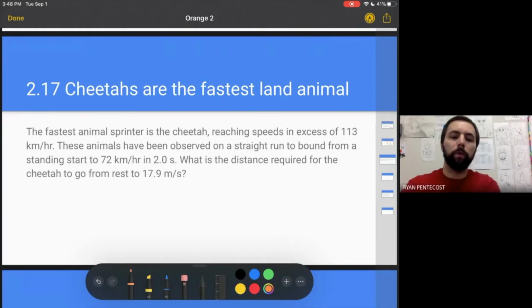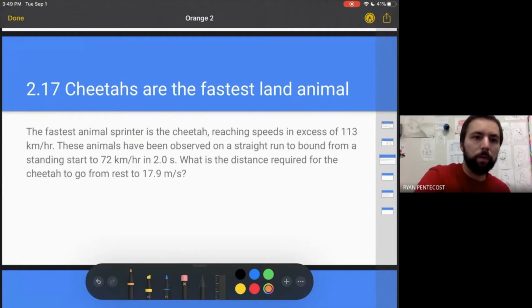Now, before we start, let's get some perspective in freedom units. Let's say that is 17.9 meters per second in miles per hour. So that is approximately 40 miles per hour. Now, 72 kilometers per hour, what is that?